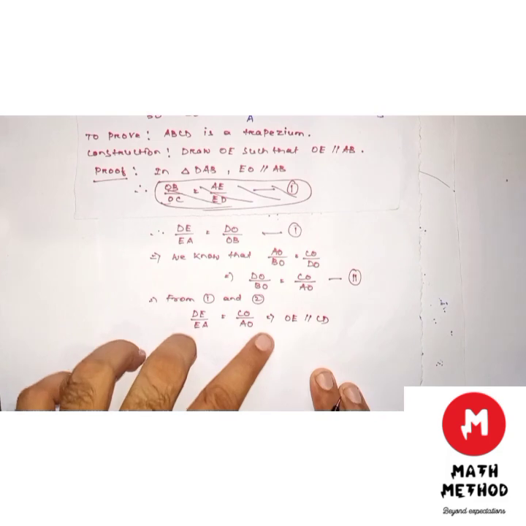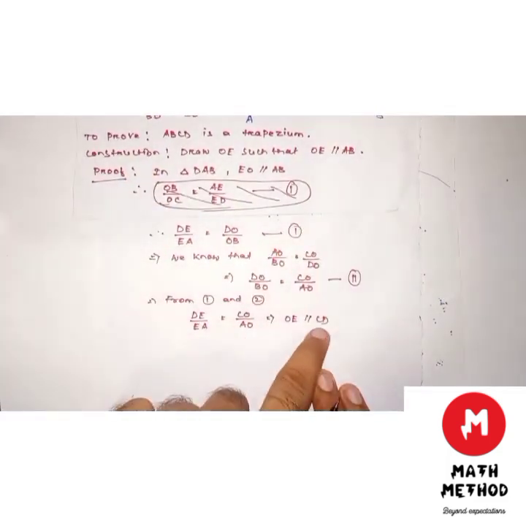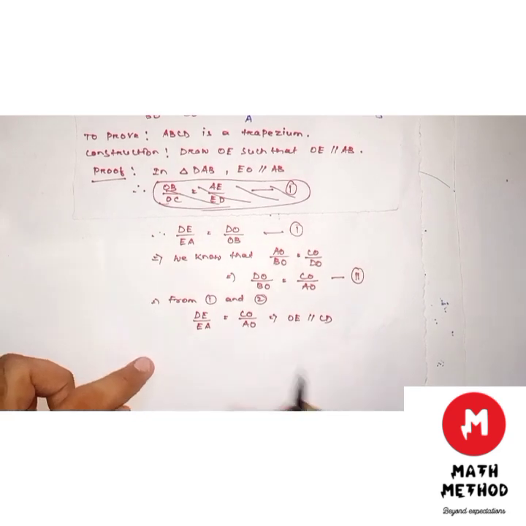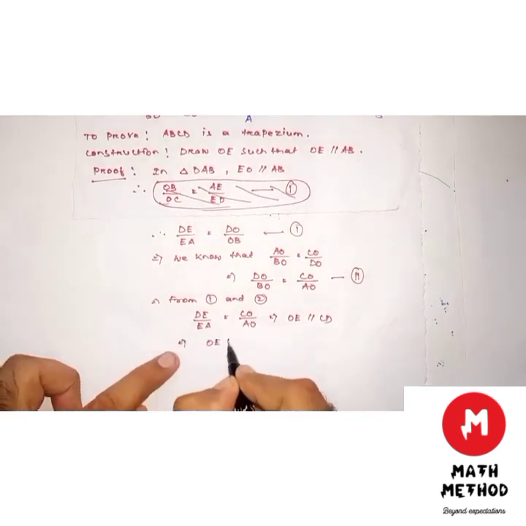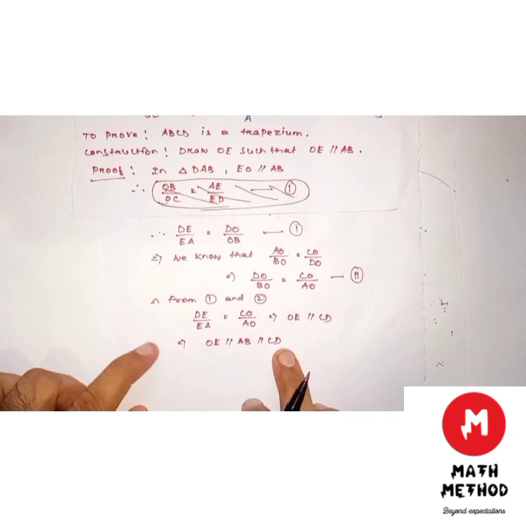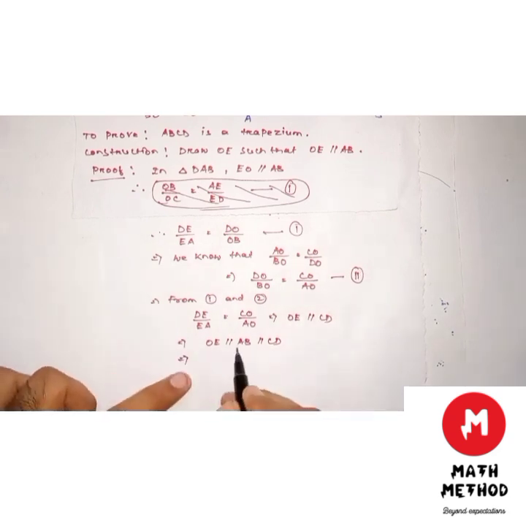Now we know that OE is parallel with AB and OE is parallel with CD, therefore OE is parallel with AB and parallel with CD. We got it. Therefore AB is parallel with CD.